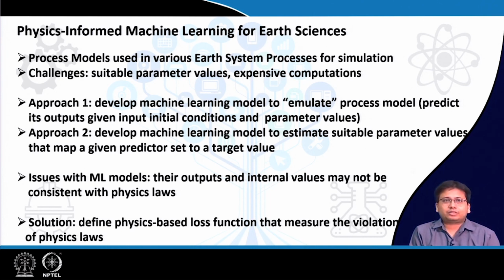A second approach is to develop a machine learning model to estimate suitable parameter values that map a given predictor set to a target value. That's a more principled way of estimating the parameters, instead of some experts specifying the parameter values and using those same parameter values all the time. Here, let us say we already know the initial conditions as well as final conditions.